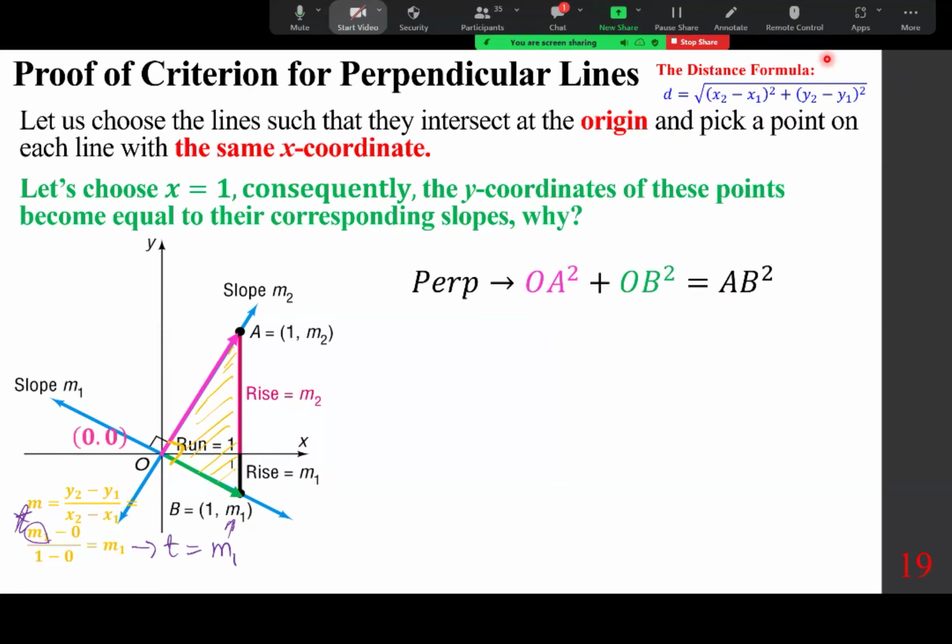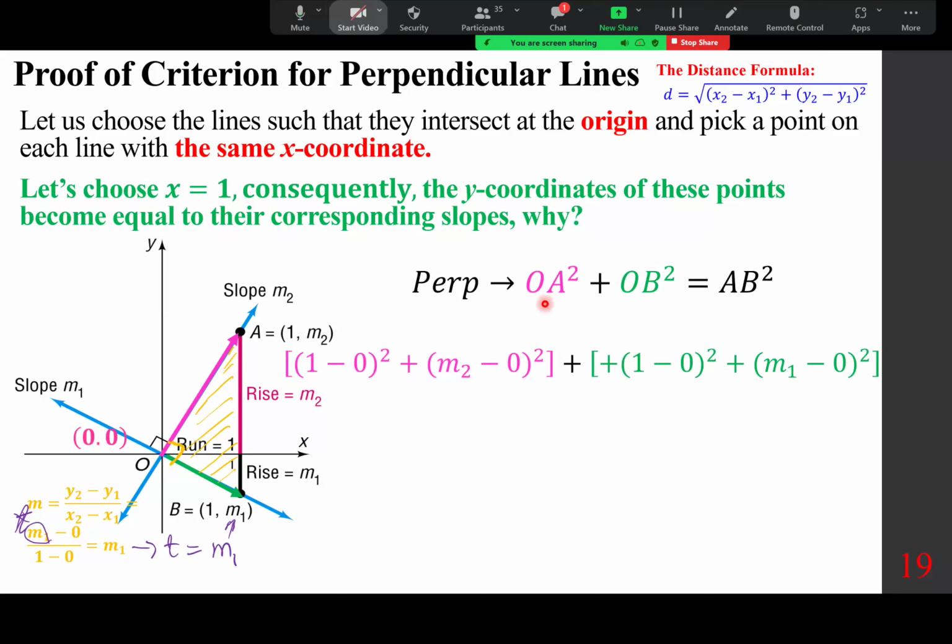So what is OA? This distance. 1 minus 0 quantity squared plus m sub 2 minus 0 quantity squared for OA. These two: 1 minus 0 quantity squared plus m sub 1 minus 0 quantity squared. So this is OA squared.